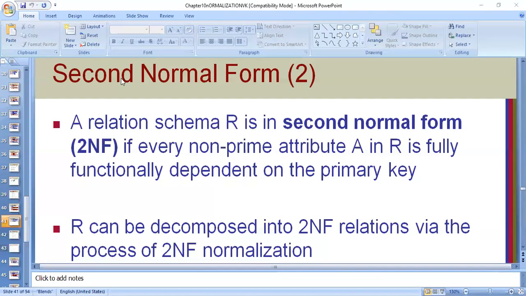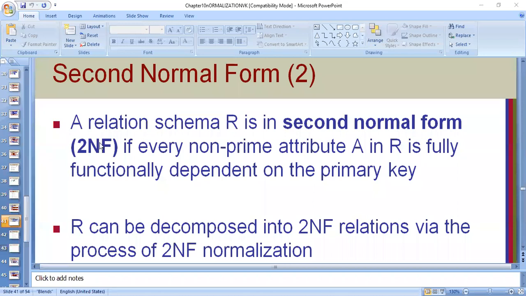The definition of second normal form. Any relation schema is called R, and it is written as 2NF when it is in second normal form. First normal form is written as 1NF, second normal form as 2NF.